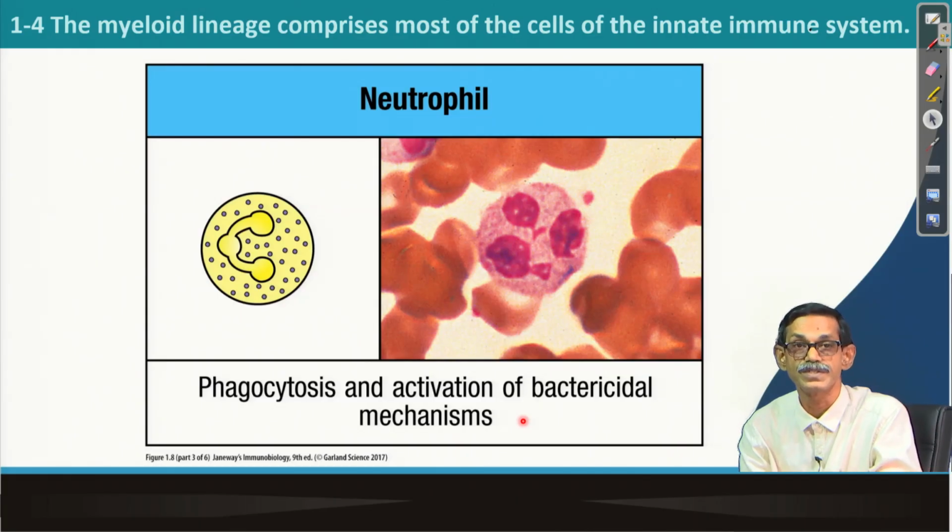Neutrophils are again phagocytic cells. They can eat bacteria, and they are a very good killer. Okay. So, activation of bactericidal mechanisms is mostly initiated by the neutrophils at the site of infection in the tissue.